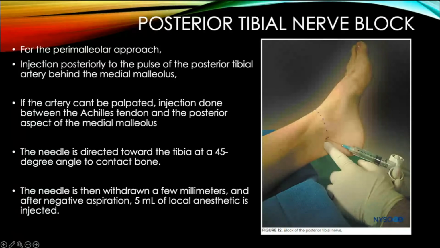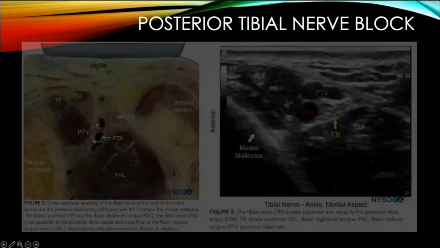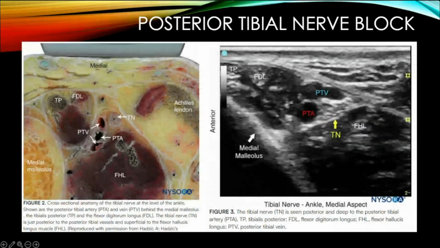The only good thing about ultrasound is that you will probably be able to identify the tibial nerve reliably, which has been, in my experience, the main problem in getting consistency. So if you can see it on ultrasound, you can easily block it very well. The other thing is the deep peroneal nerve.